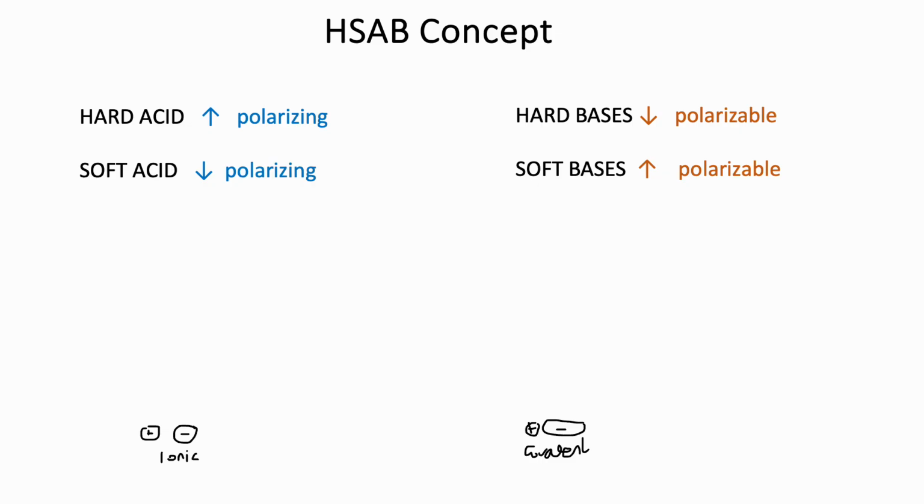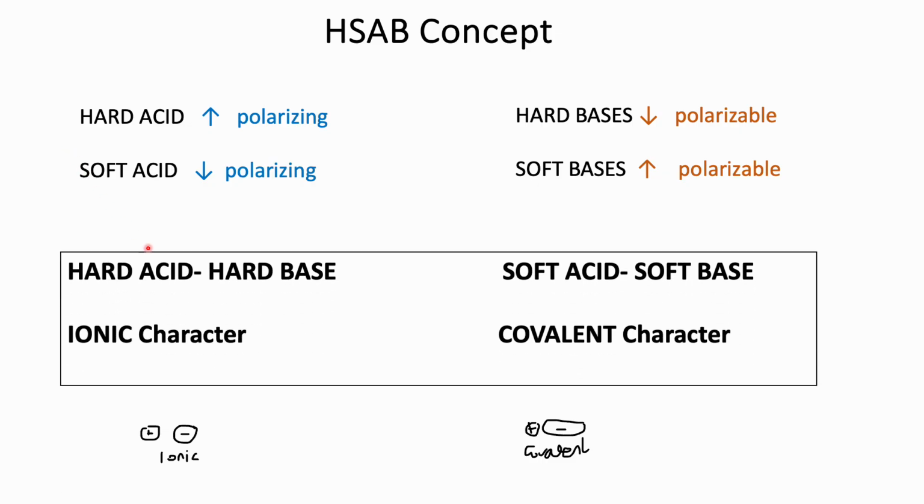So if you have a hard interaction, you would form ionic character because there is no distortion. Soft acid and soft base interaction naman forms covalent character because there is sharing, tas meron nangyayaring distortion. So mas covalent ang bonding due to the larger size of your anion, or your soft base.